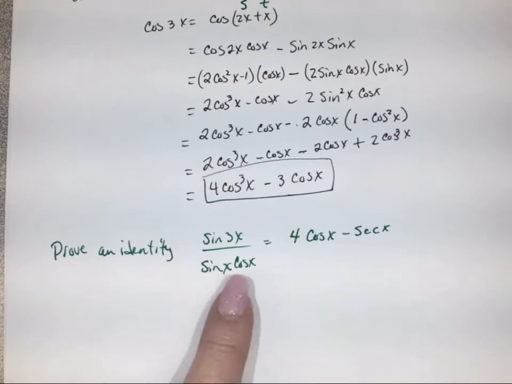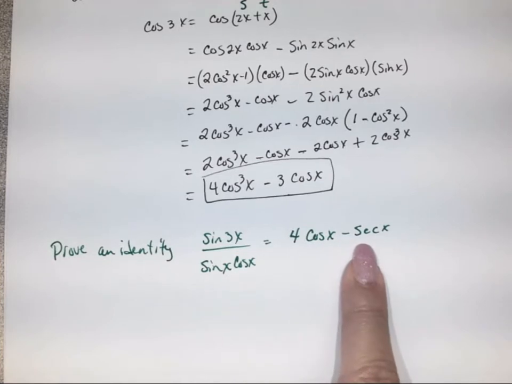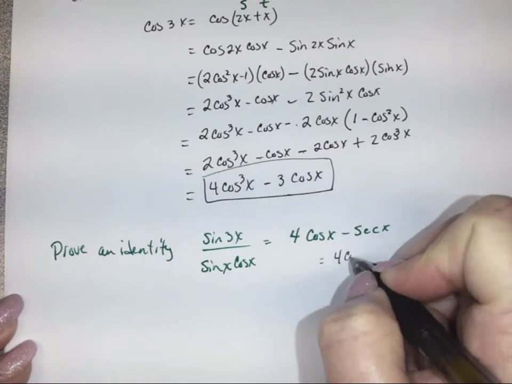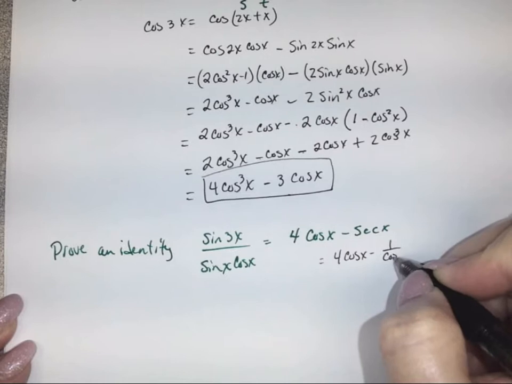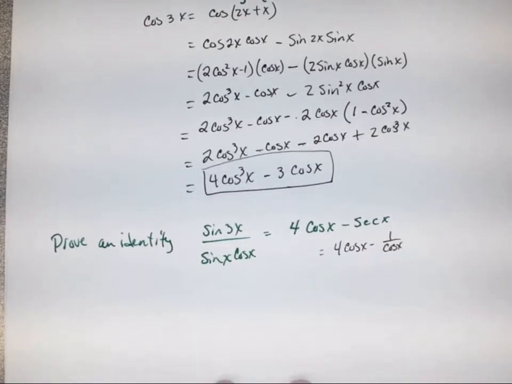So we have to see which side is the most difficult side. I would say this is the more complicated side, but I want to rewrite this in terms of sine and cosine. So understand that this is equal to 4 times cosine x minus 1 over cosine x, so that when we're moving this around, we know what we're trying to get to.